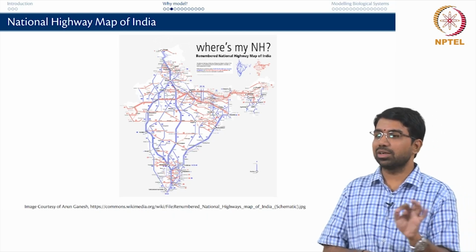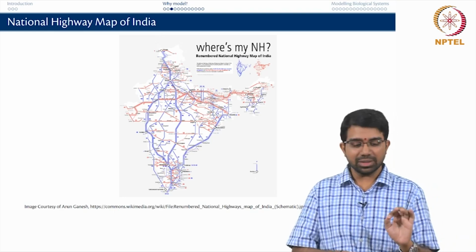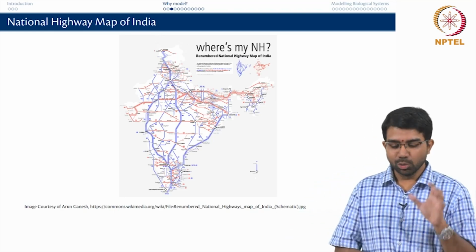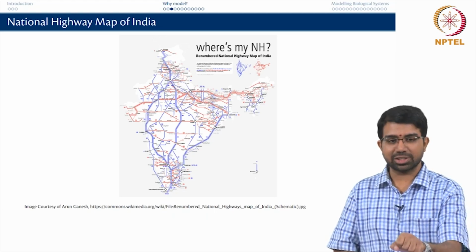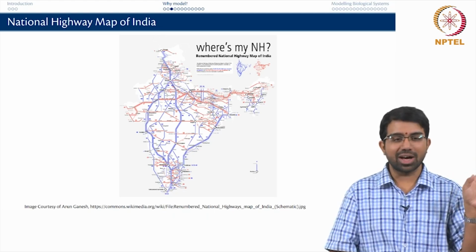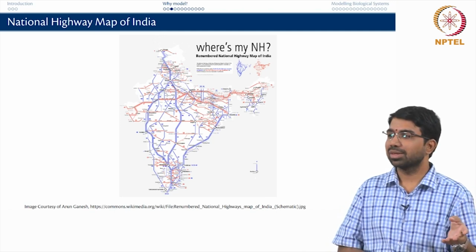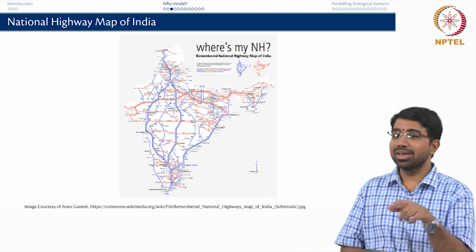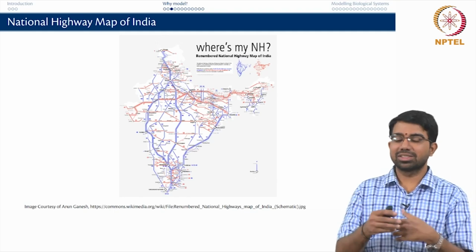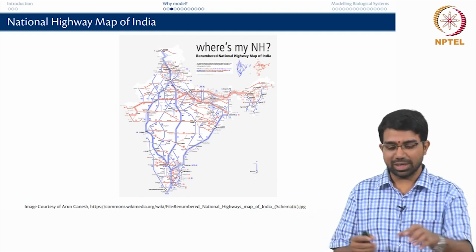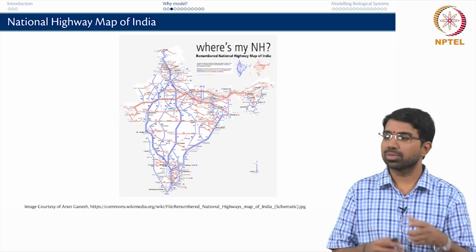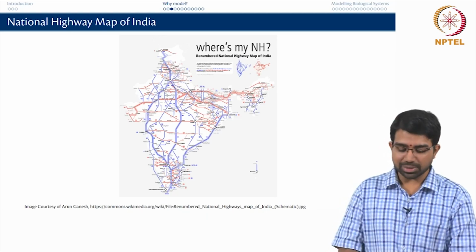So it is easy to find out some of these things, whereas in a complex system you would not understand what happens if no cars are allowed to Delhi tomorrow. It is easy to say here, but in a complex system it is just going to be very difficult. If you pull out a node from a network, what happens? It becomes very difficult.